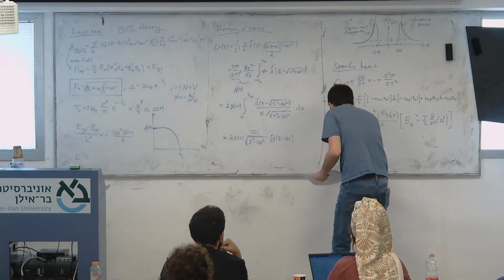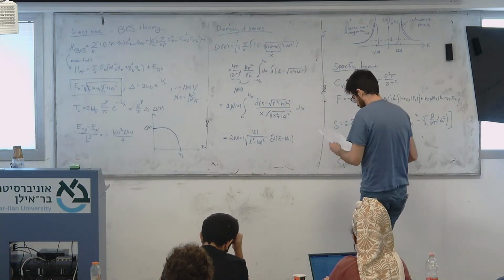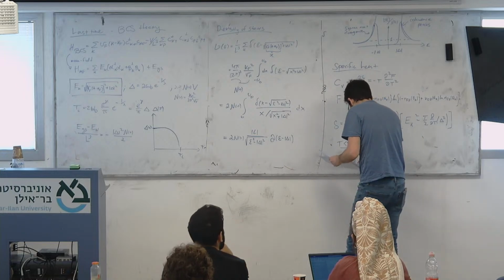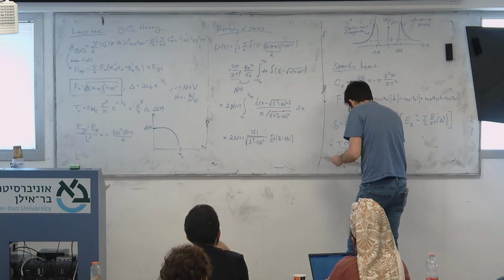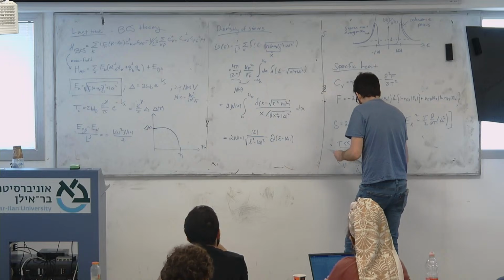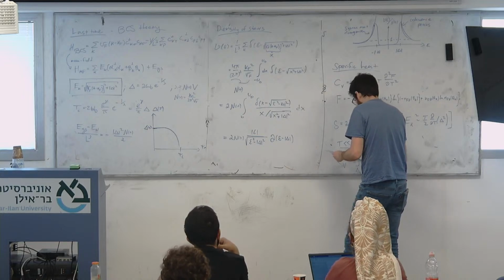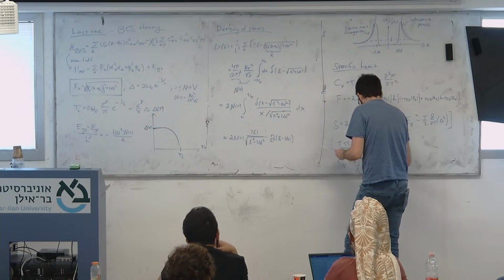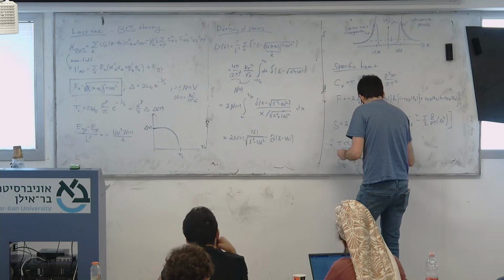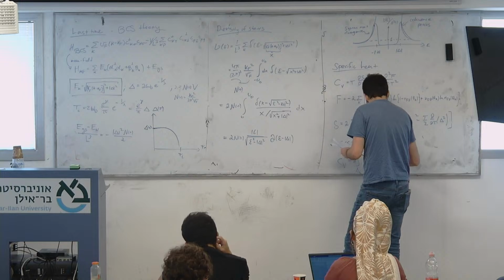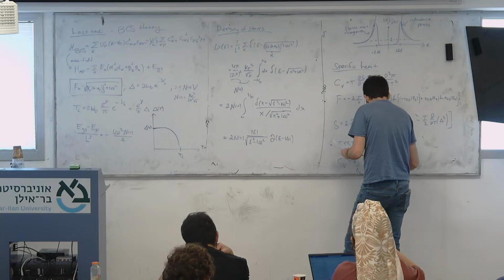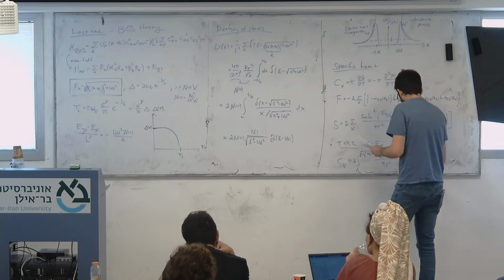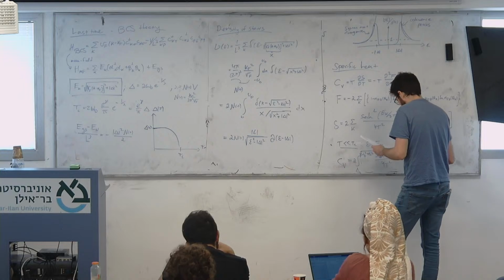Then one gets that Cv is equal to 2 times the integral from delta to the square root of omega D pi squared plus delta squared, so we're cutting off the integral at omega D pi, of sech squared of epsilon over 2T divided by 4T squared, times epsilon squared.